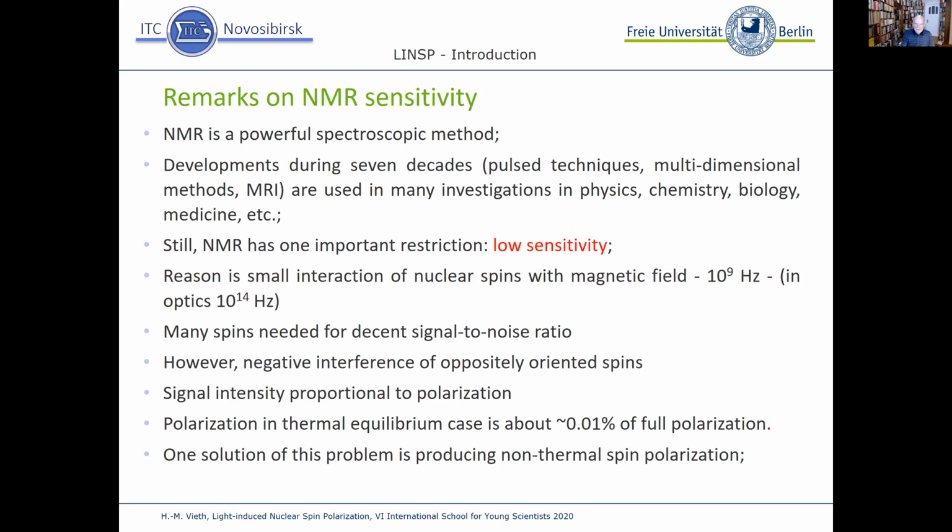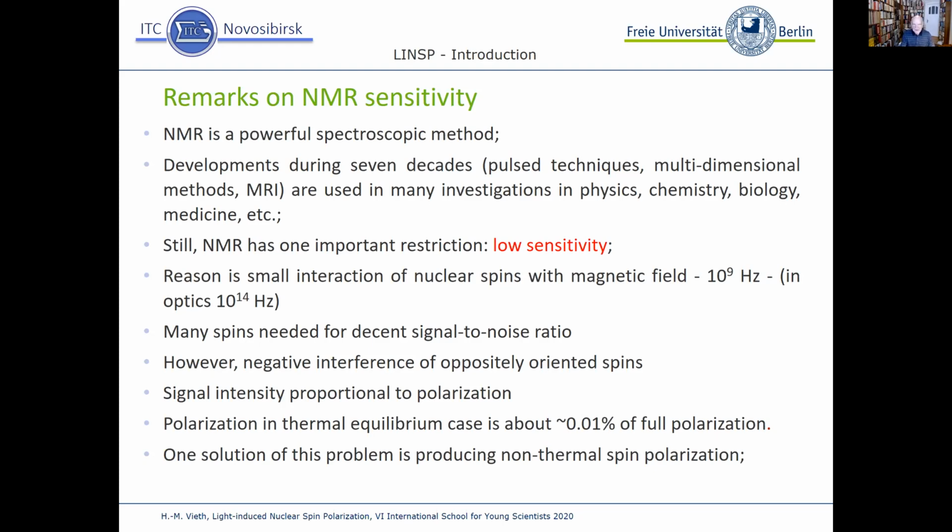However, what we have is a negative interference of oppositely oriented spins. That's why the signal intensity is proportional to the spin order, whether all spins are aligned or whether they're randomly oriented.